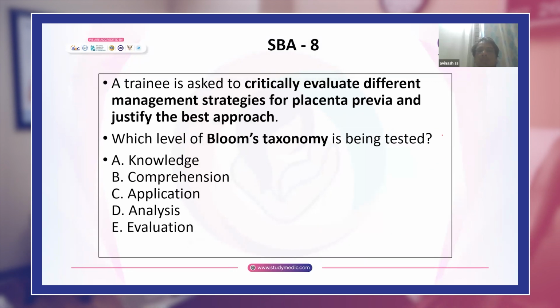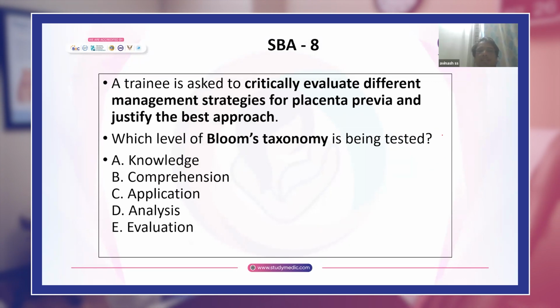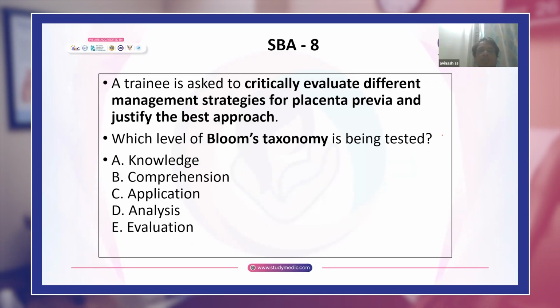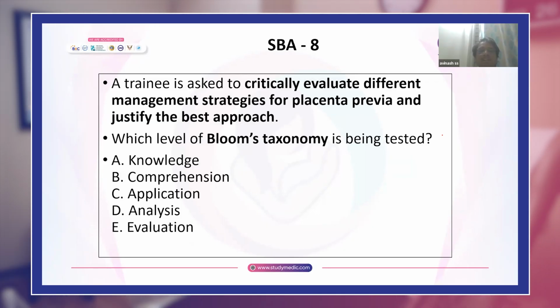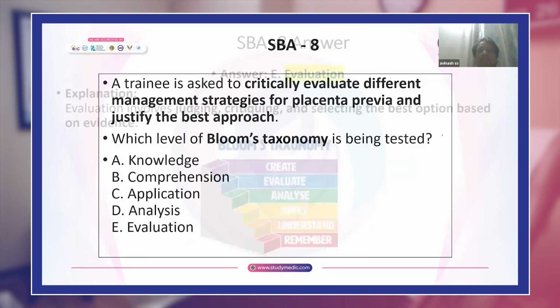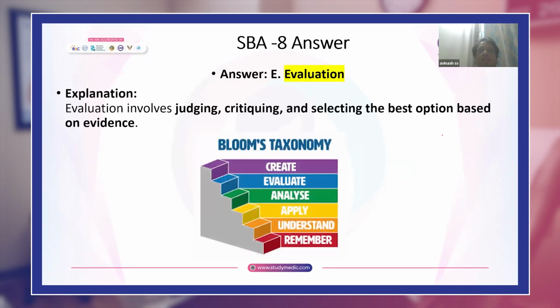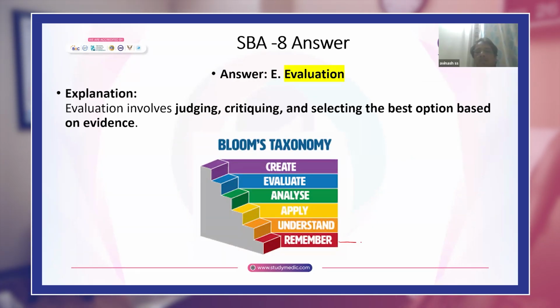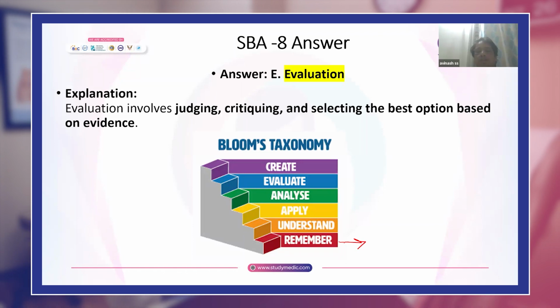A trainee is asked to critically evaluate different management strategies for placenta previa and justify the best approach. Here, what is being tested? Knowledge, understanding, comprehension, application, analysis, or evaluation. Here you can see evaluation is checked, and this is Bloom's taxonomy. If you are asking what are the causes of postpartum hemorrhage, you are checking memory.